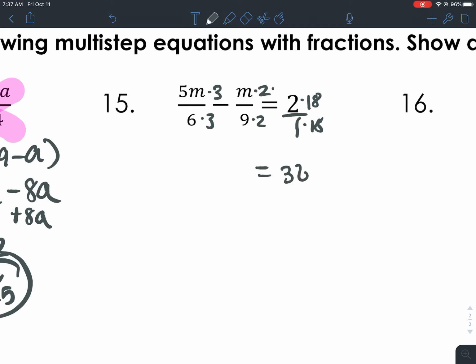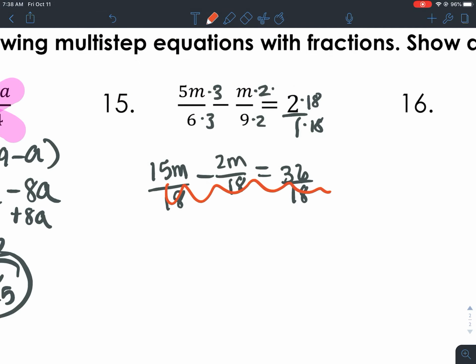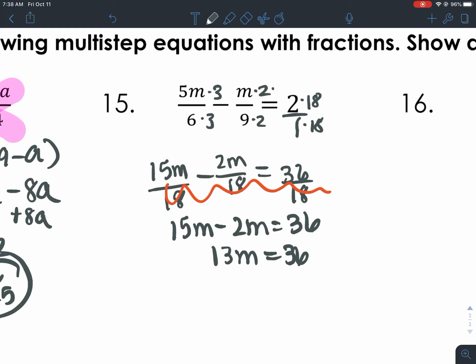And you get 36 and 2m over 18 minus 15m over 18. Once you get here, you can cross out all of your denominators, and you're just left with 15m minus 2m equals 36, which is 13m equals 36. Then we divide by 13 on both sides. So it's 36 over 13.